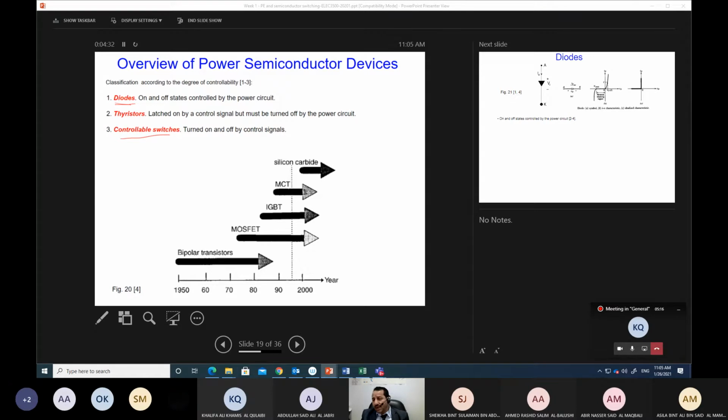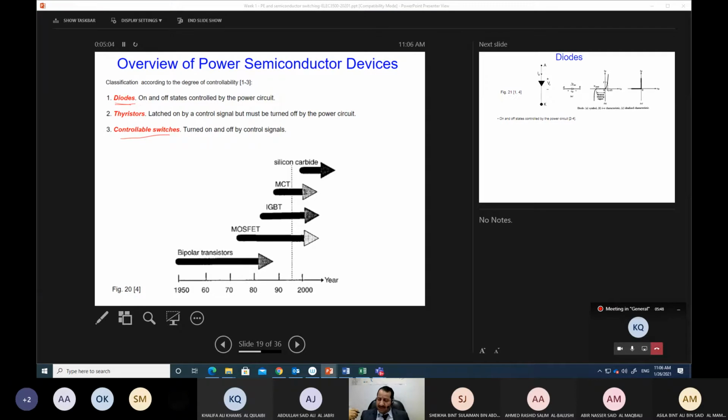We call them controlled. Why? Because we can control them. As an example, you remember the BJT transistor. If we apply current across the base, the transistor will be on, right? It will conduct. If we remove the signal, it will be off. So we can control it, and for that we call it a controlled device. The same thing for the field effect transistor. If we apply voltage across the gate, in the BJT it is the base, here it's the gate.